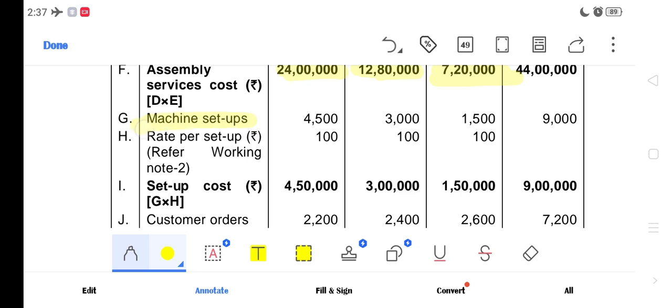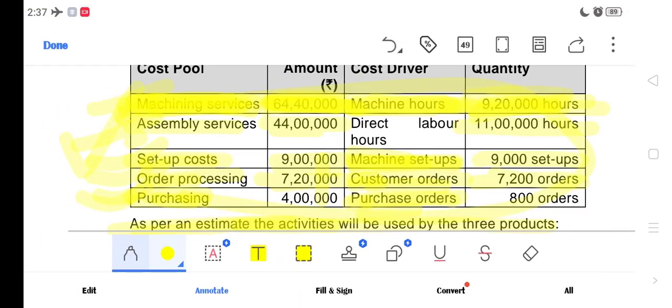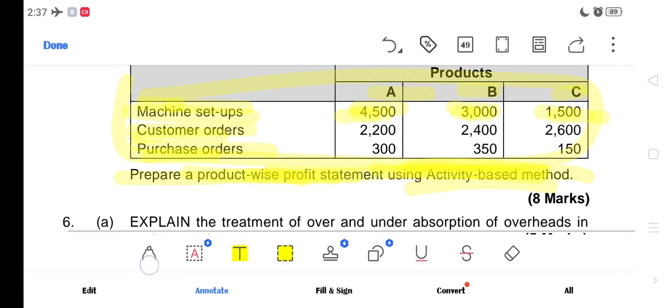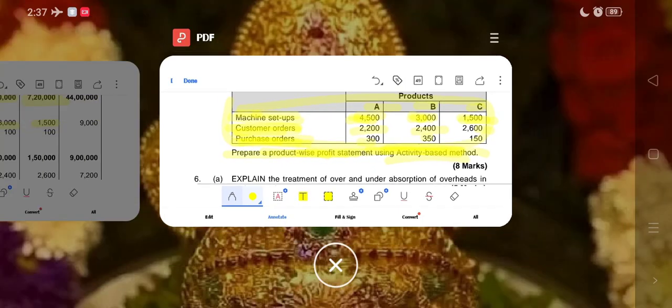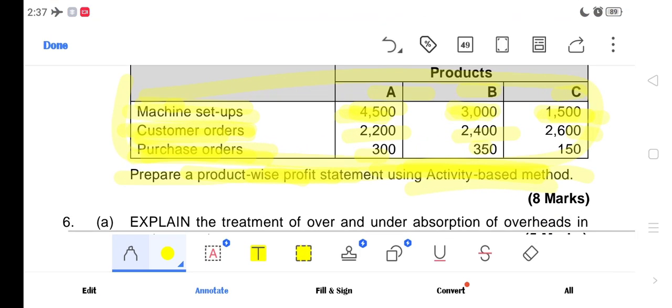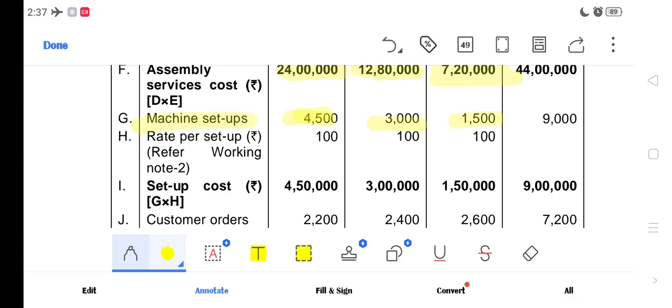And machine setups, I told you, how many machine setups are there? 4,500, 3,000 and 1,500 he has given. In this table 4,500, 3,000 and 1,500. In the same way customer orders and purchase orders also they have given. So you have to take this and multiply these setups with the per setup rate.